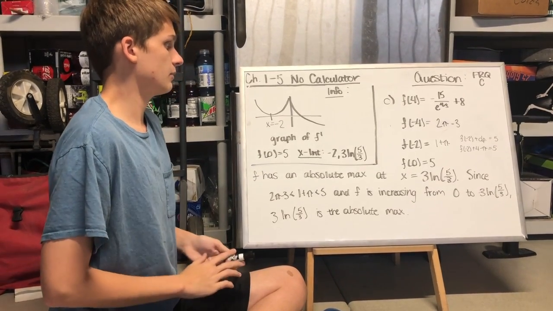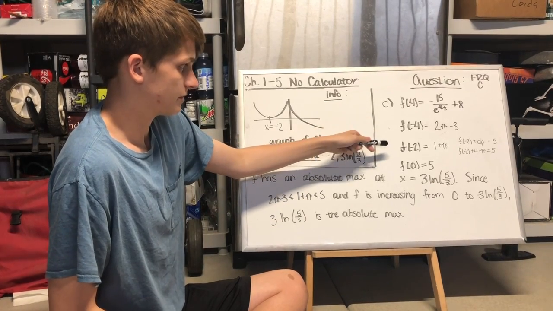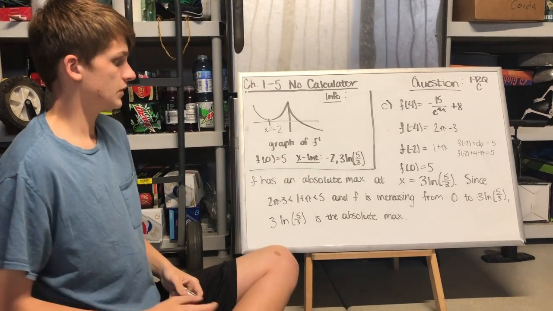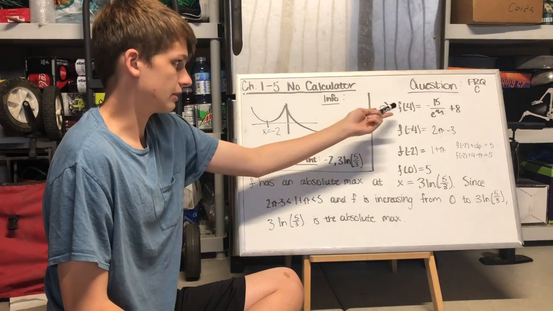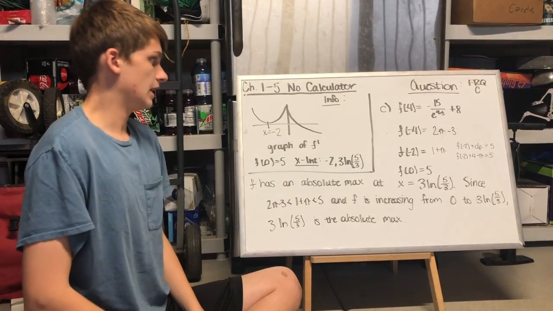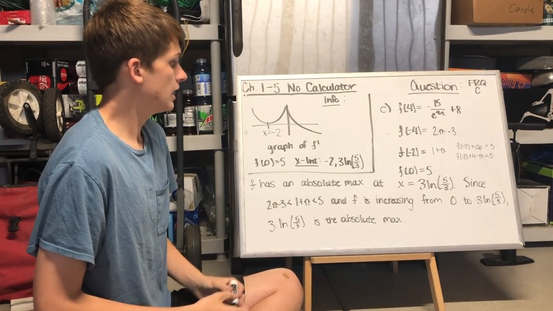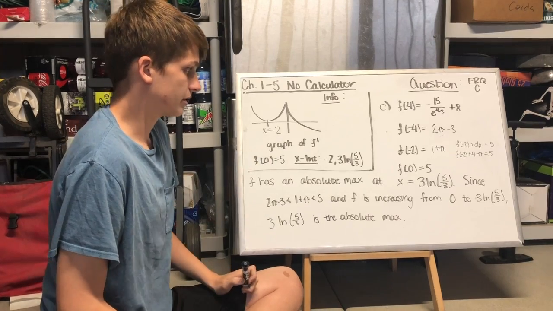So now that we figured out that f of negative 4 is less than f of negative 2 is less than f of 0, we just have to worry about 3 natural log of 5/3 and f of 4. Now, based off of the graph, we know where the max occurs between those two. It occurs at x equals 3 natural log of 5/3.